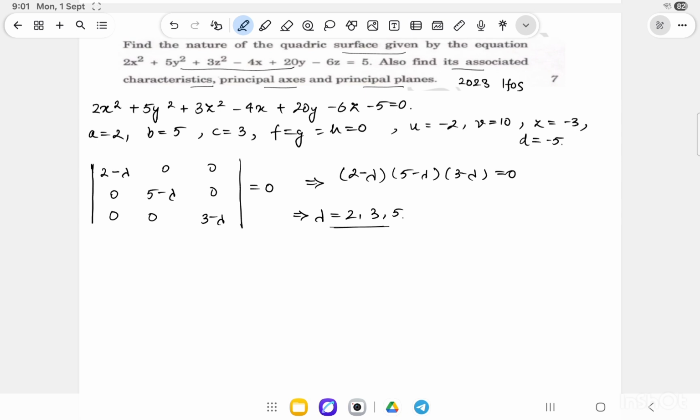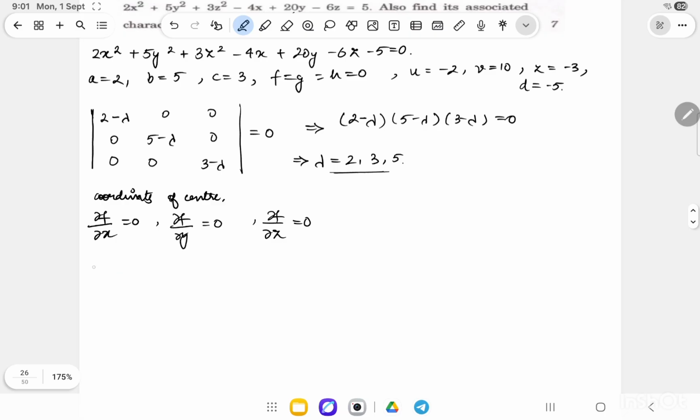So first let us just find out the coordinates of the center. So coordinates of center would be basically del f by del x equals to 0, del f by del y equals to 0 and del f by del z equals to 0.